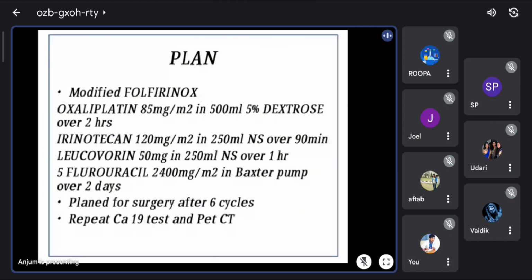We give more hydration to the patient to avoid AKI. The platinum analogs are modified and have less chance of causing AKI. That's why we choose them. Okay. So oxaliplatin was diluted in 500 ml, 5% dextrose. Did you understand why we are giving it in dextrose?